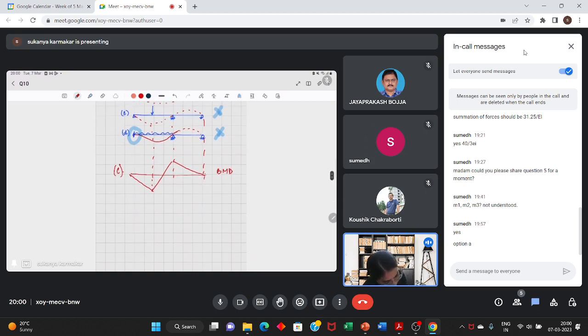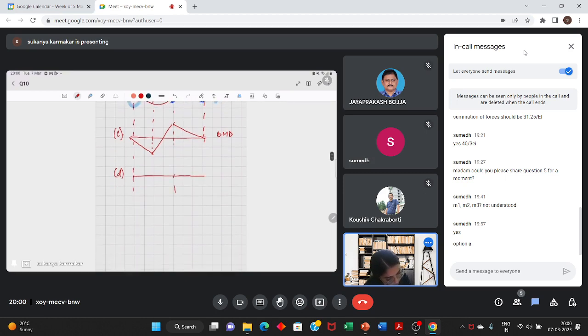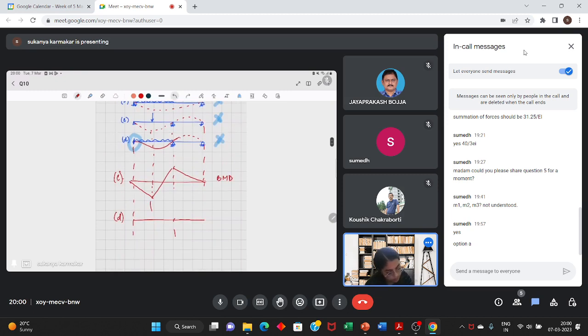For D, if I show you, the bending moment diagram will be, D, this is a fixed support. So the bending moment diagram will start from here, then it will move up and it will be something like this. So even D can't be the correct answer.